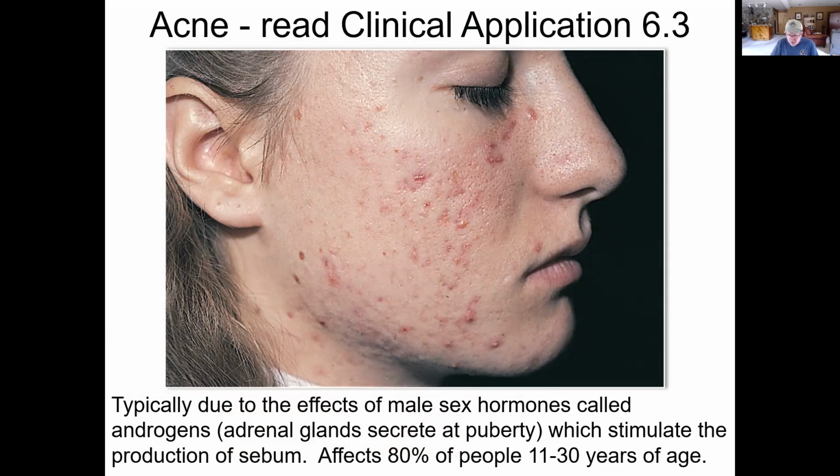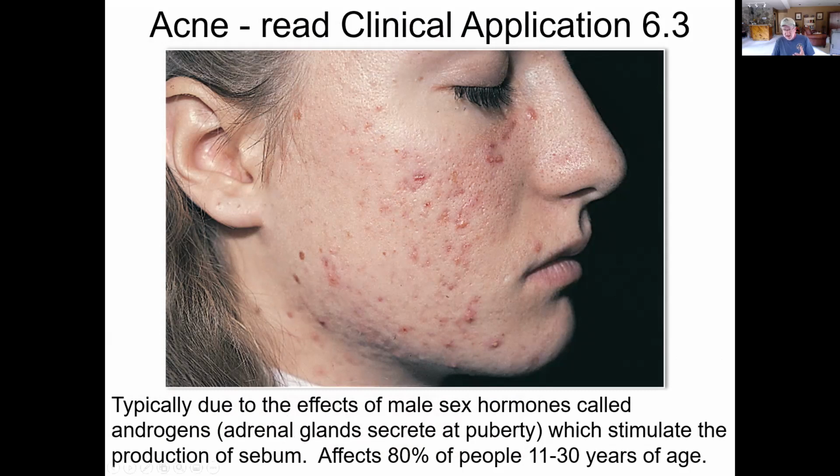Guys produce more. But I want you to note here that the source of these male sex hormones, these androgens, do not come from the testes exclusively. They also come from the adrenal glands. And that's why both women and men can sometimes have acne issues, often starting at puberty, due to the adrenal glands producing these male sex hormones.